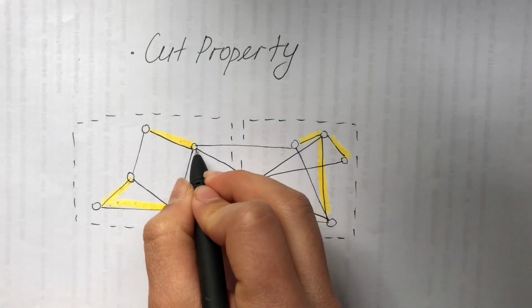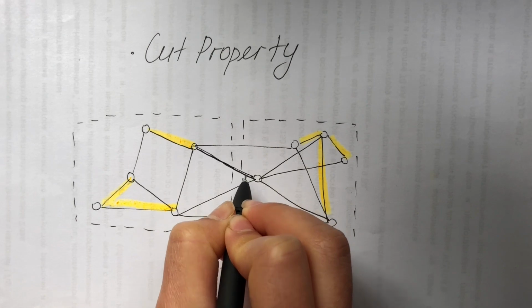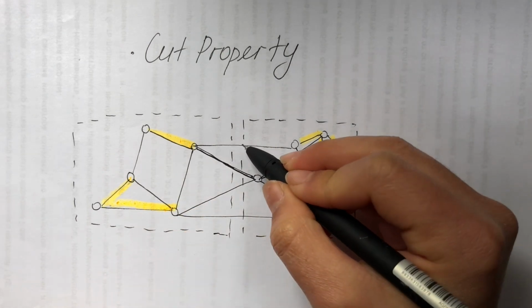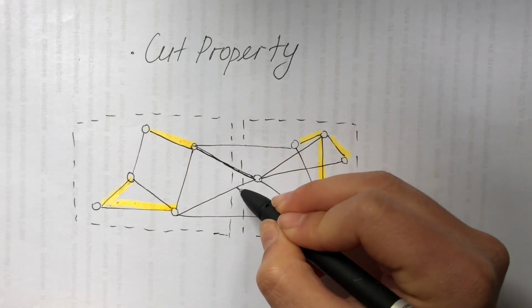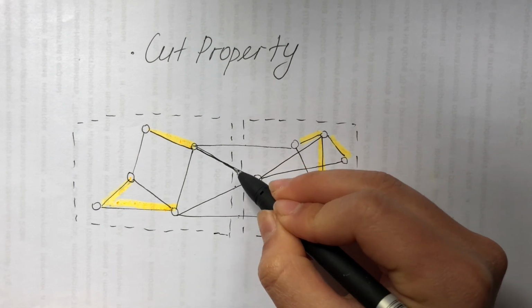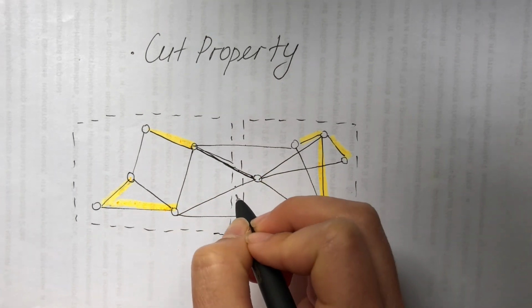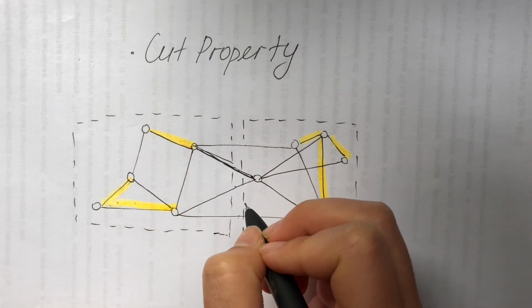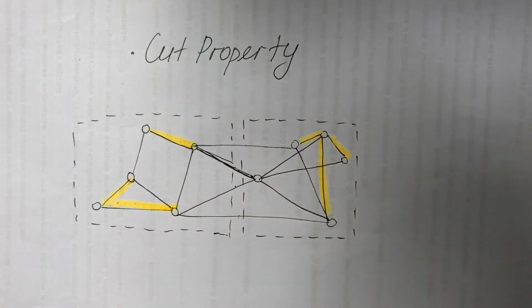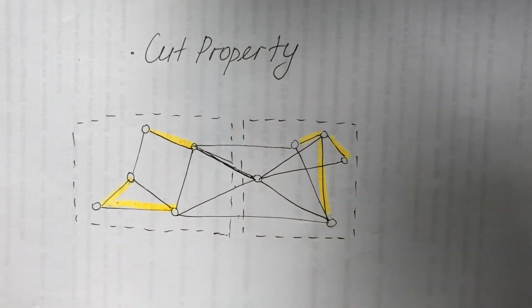So if this edge is, for example, the minimum cost edge from these four that are connecting the two cuts, this means that this edge will be in the final spanning tree. And to find this edge, we actually have two different strategies.